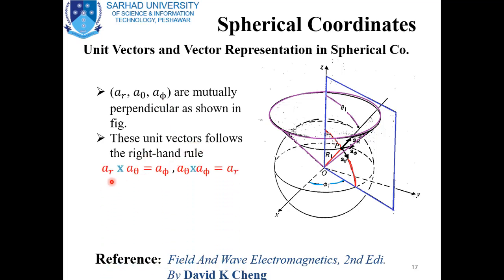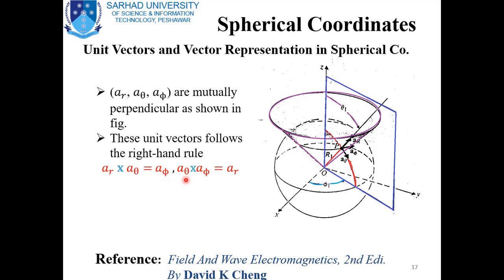If we multiply ar and a theta in a cross operation, the answer will be a phi. We stretch our right hand fingers in the direction of r and rotate it toward a theta, so the thumb represents the direction of the resultant, which in this case is a phi.